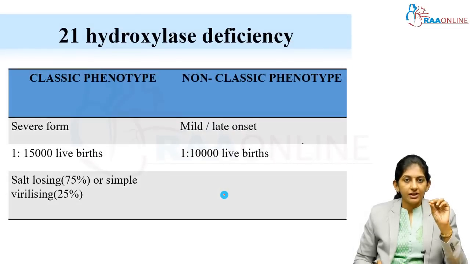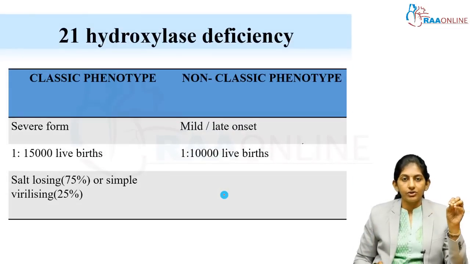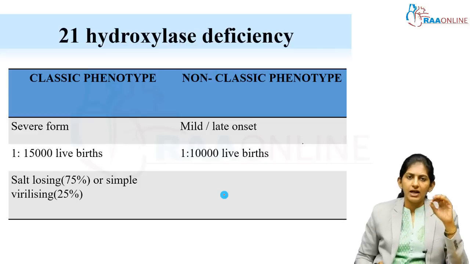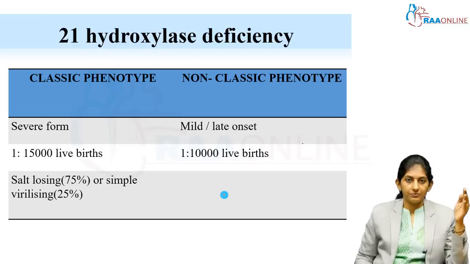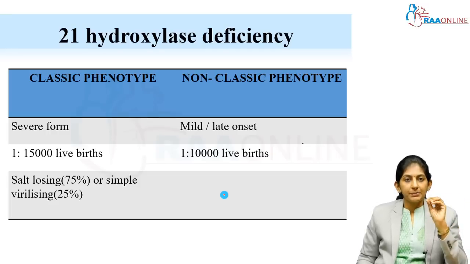So in 21 hydroxylase deficiency, we have 2 different phenotypes. One is the classical phenotype, another one is the non-classical phenotype. Classical phenotype is what we see as the severe form. There is complete absence of 21 hydroxylase enzyme. So it presents very early in the newborn age group, say somewhere between 2 to 6 weeks, before the 2-month mark.